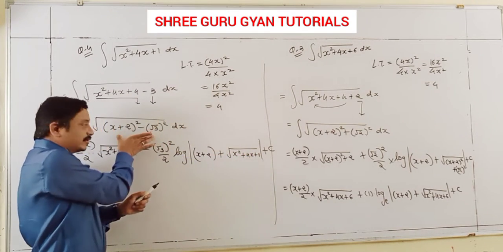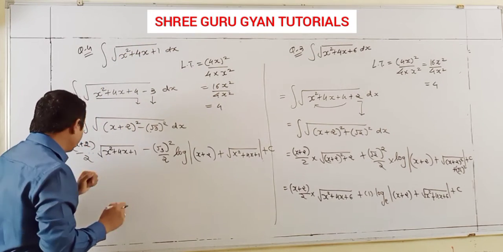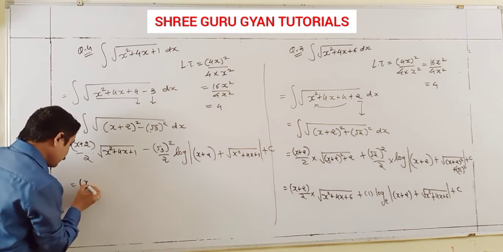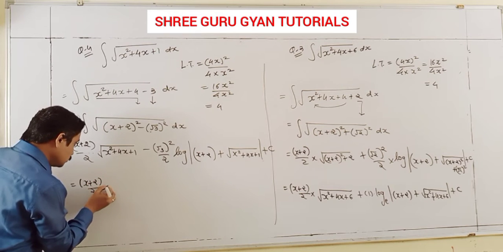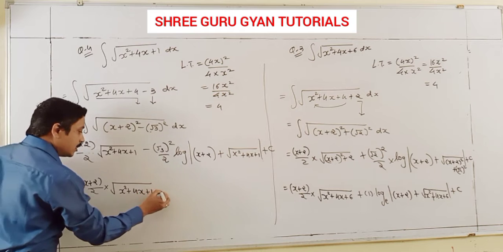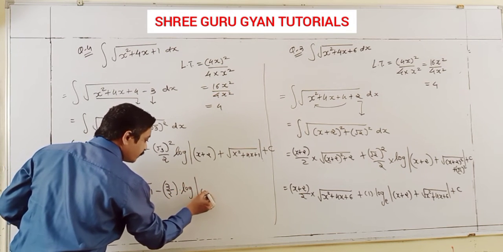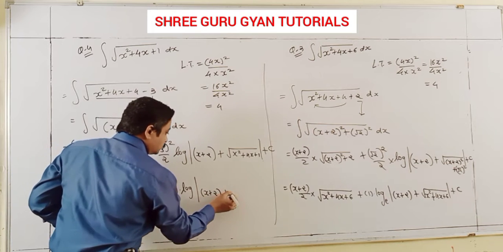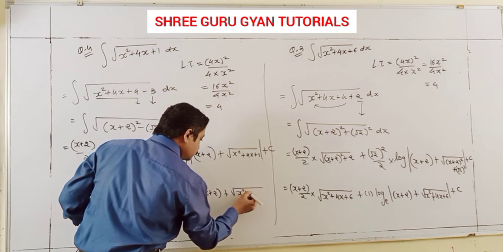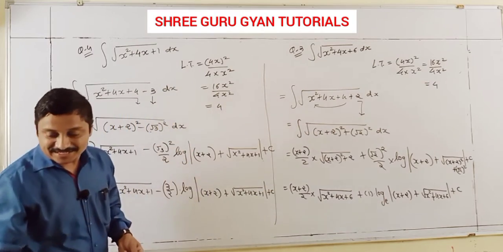Actually write down this one, but I show x square plus 4x plus 1. And now last answer is done: here 3 by 2 log with under root, plus c, and easily done.